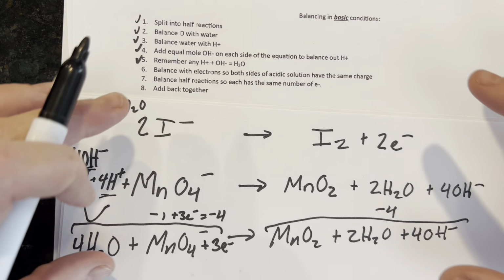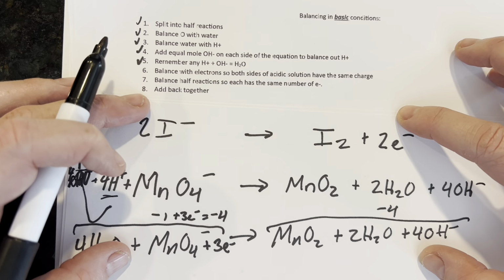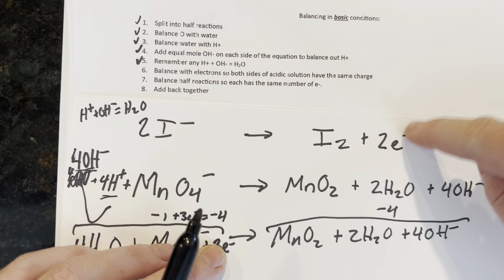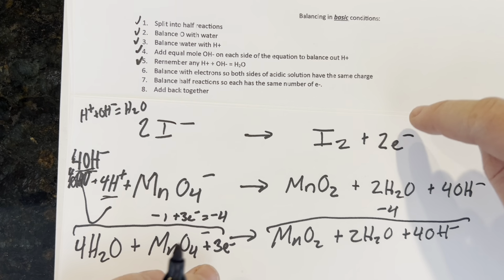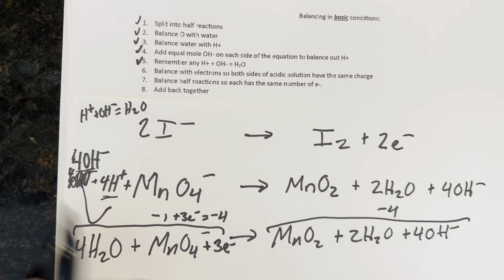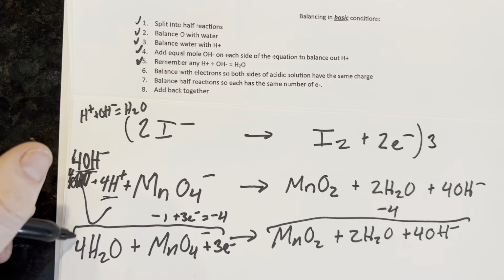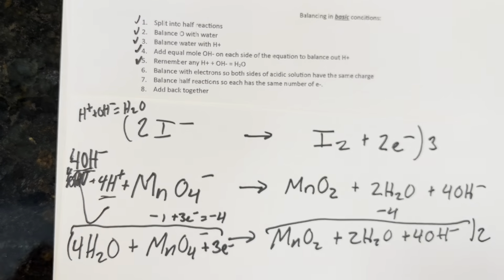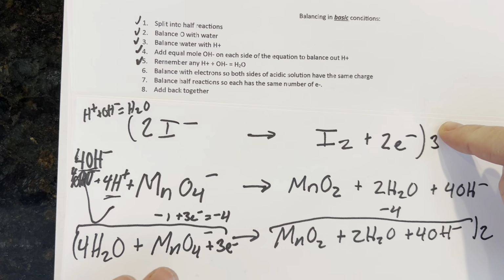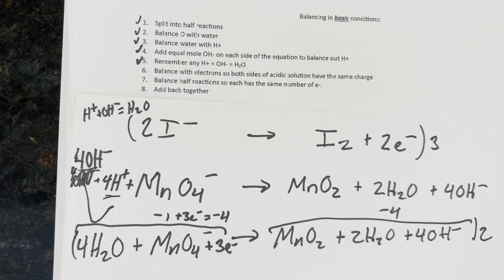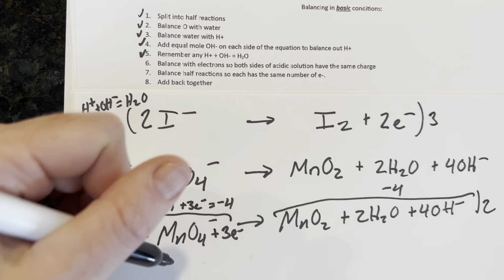All right, now we're almost ready to add them up, but remember, you have to have the same number of electrons in each half reaction so they cancel each other out. We're not at that spot. We need to multiply this whole thing by 3 and this whole thing by 2, so we have 6 electrons to the right and 6 electrons to the left that will cancel each other out. All right, let's rewrite these reactions just to make sure you're following.